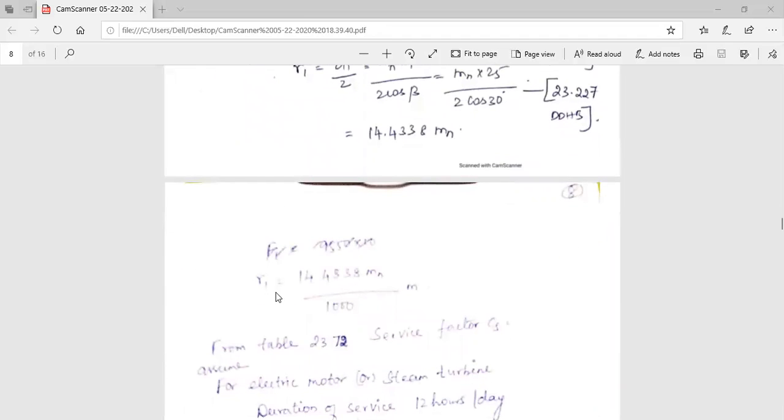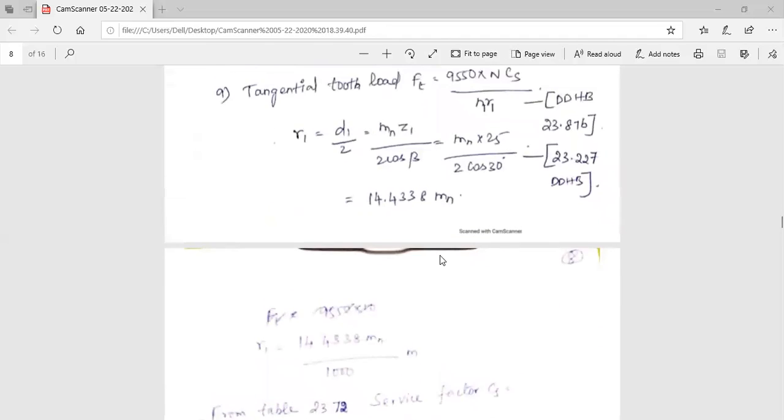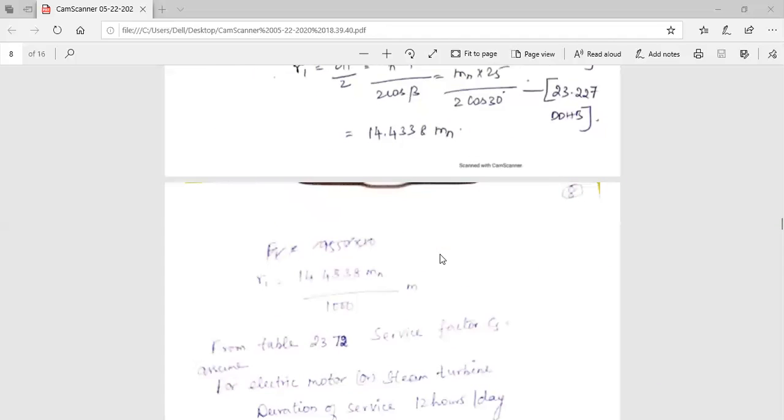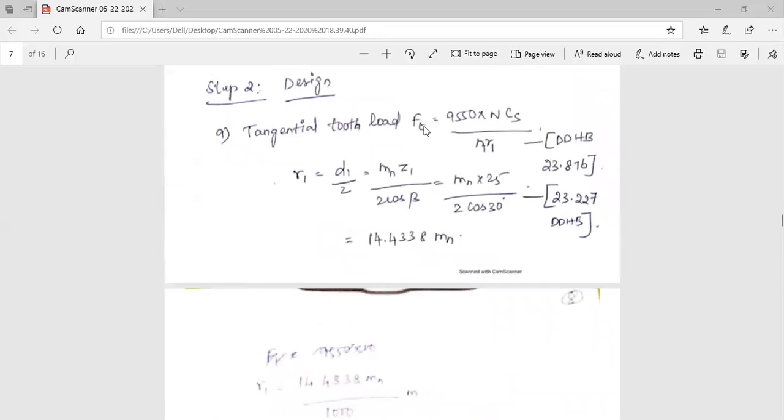For Ft, the power value is given in SI units, that is watt or kilowatt.